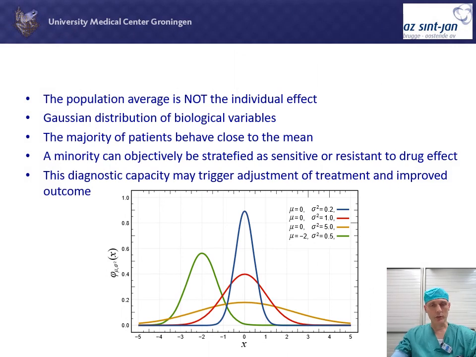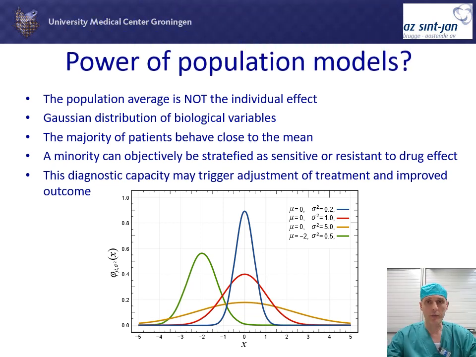So this is an important issue: the population average as predicted by the effect site concentration is not the individual effect, but that shouldn't be a big problem because of the Gaussian distribution of biological variables. You see that the majority of your population will behave close to the mean. So for example, in this green Gaussian distribution, the majority will be between margins that are clinically acceptable, and only a limited number will be outside that range.